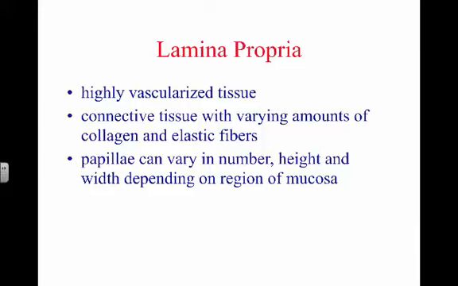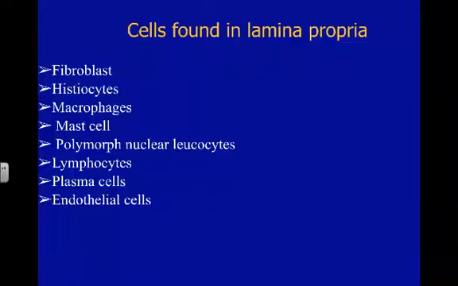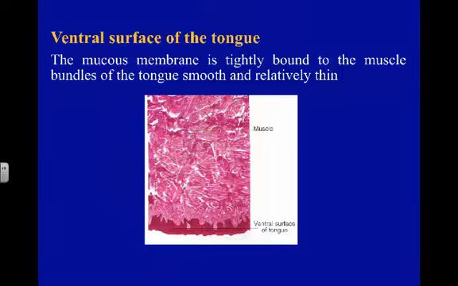Again, the lamina propria is highly vascularized. We find fibroblasts, a variety of macrophages that are floating here. We find the mast cells. We have neutrophils, which are the PMNs. Lymphocytes, plasma cells, really anything we find that we speak of in any type of connective tissue.